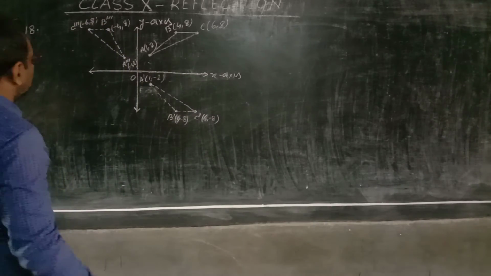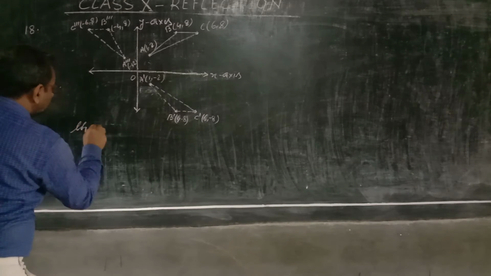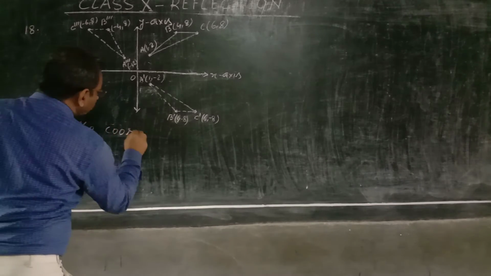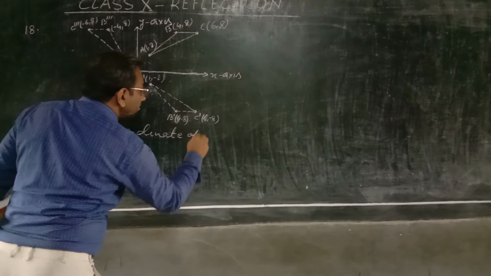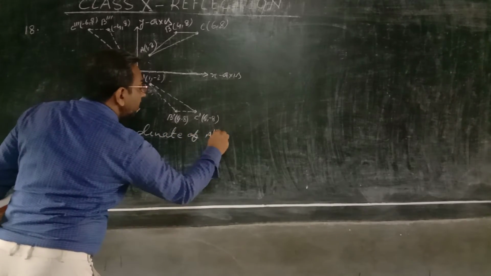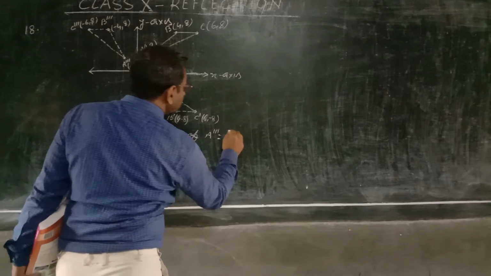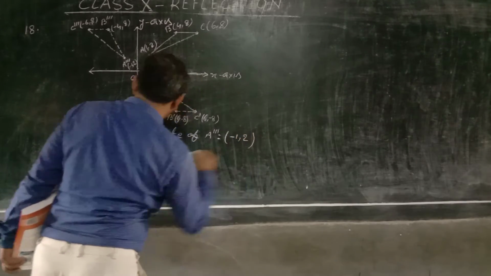In this way, the coordinate of A triple dash is minus 1 and 2.